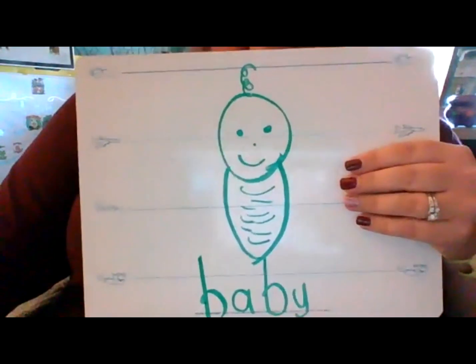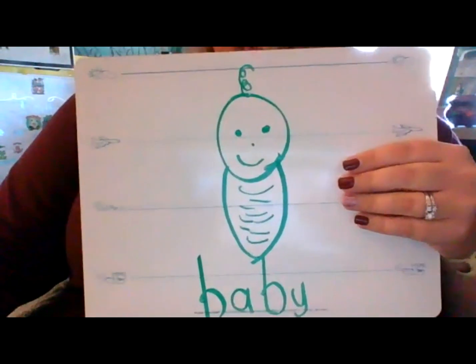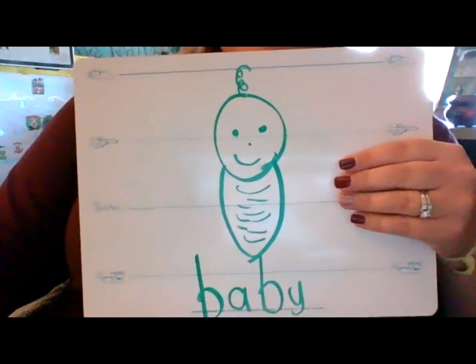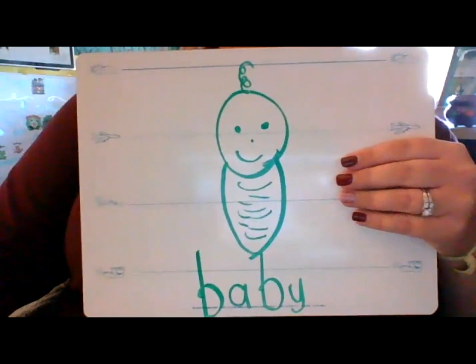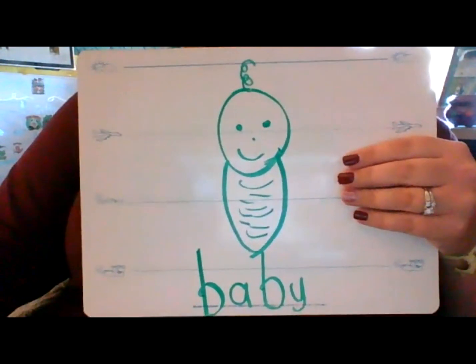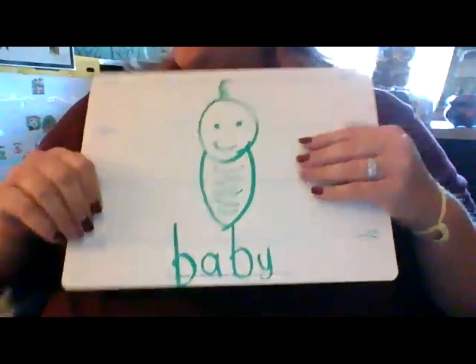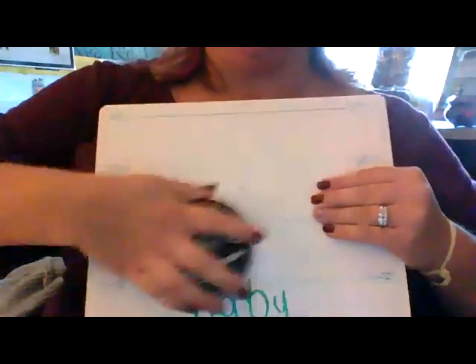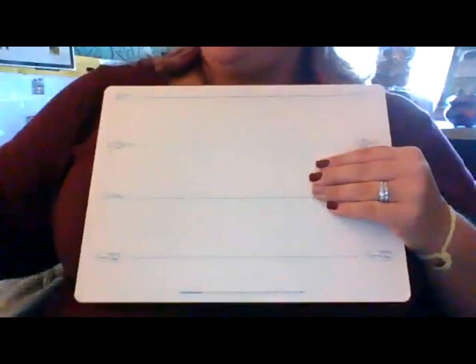Good job, Cartier. Good job, Clayton. What's that, Graceland? You being a chicken? All right. Or a turkey. That's right. You made a turkey. All right, boys and girls, we are all done with writing. Gobble, gobble.